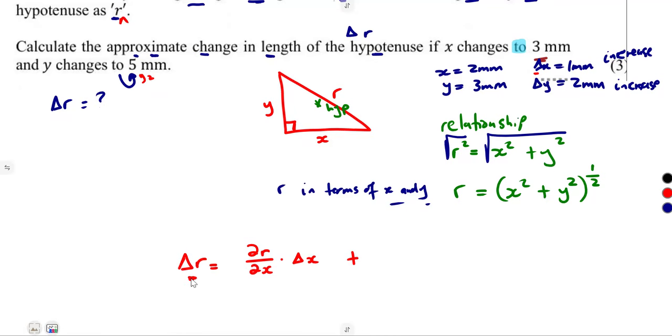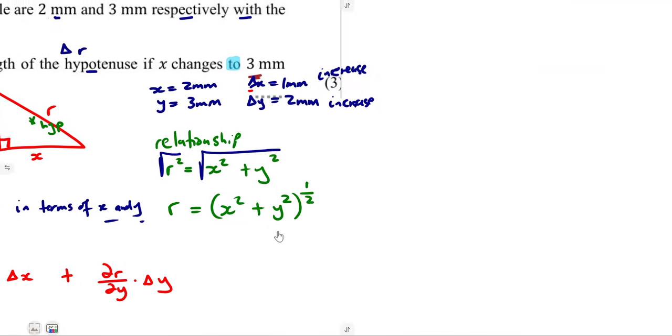R is affected by two variables, X and Y. So we started with X, so it's R and Y this time. That's the derivative of R with respect to Y times its change for Y. So meaning there is a need for you to determine these partial derivatives of R with respect to X and R with respect to Y from this statement that we are having here.